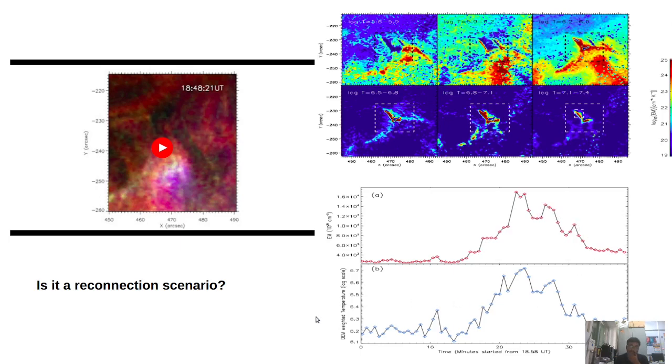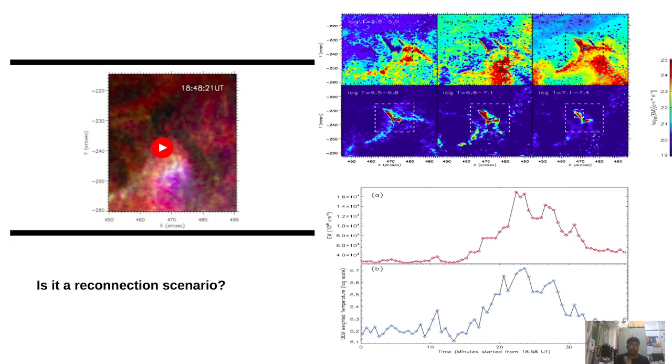What this means is the total emission measure depends upon the density, and density means your intensity. This is just an inversion technique, nothing else. So the density of the hot plasma is increasing as this scenario goes on.